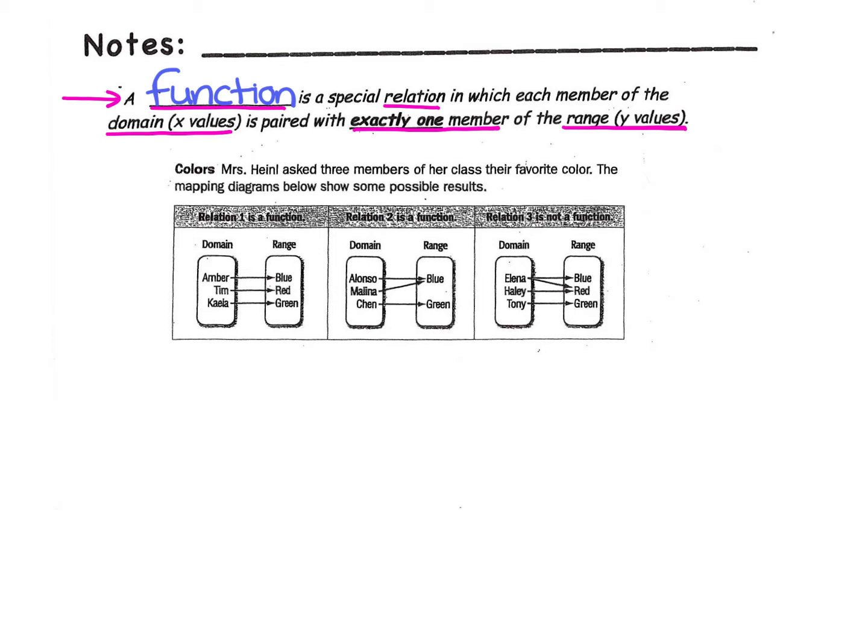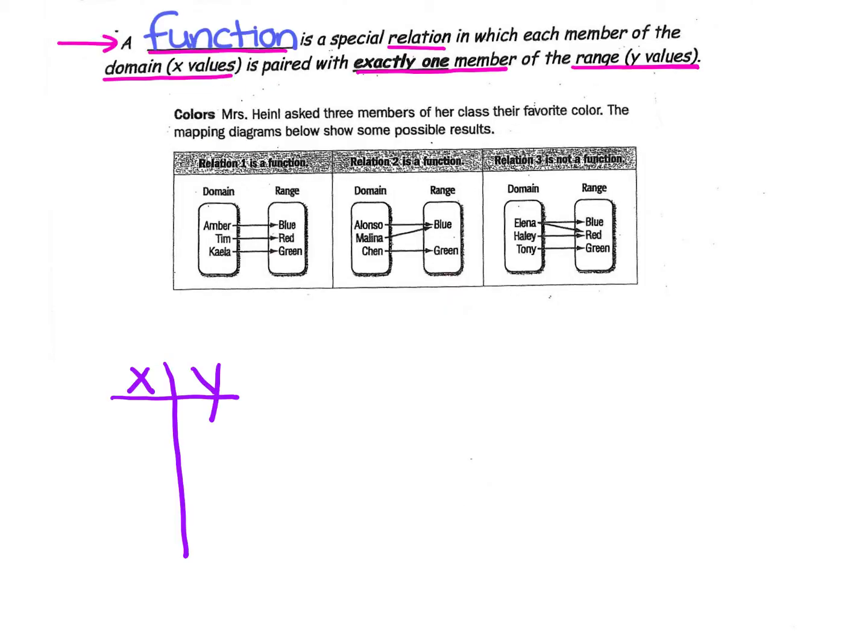Please take down these notes in the open area on this page. Let's take a look at a basic t-chart, and we will plug some values into an equation. Your x values are known as your input values, or your domain.